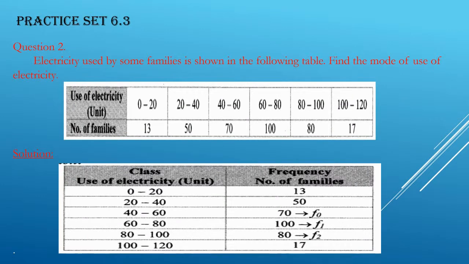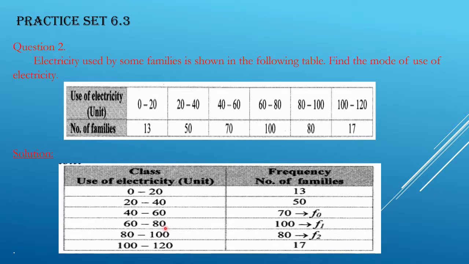Question number 2. The electricity used by some families is shown in the following table. Find the mode of use of electricity. In this question also, the class and frequency are given. Then solution: we have to make the table with two columns, class and frequency. Here the maximum frequency is 100, in the class 60 to 80.